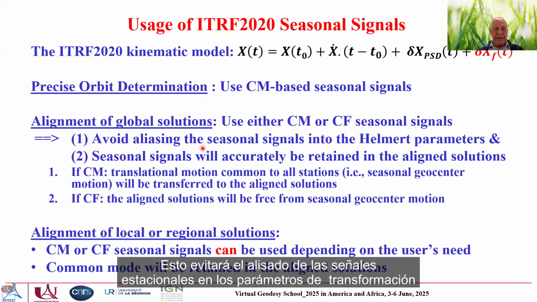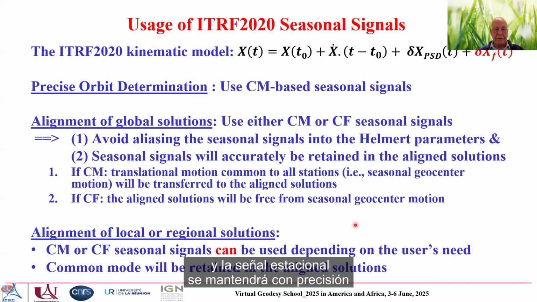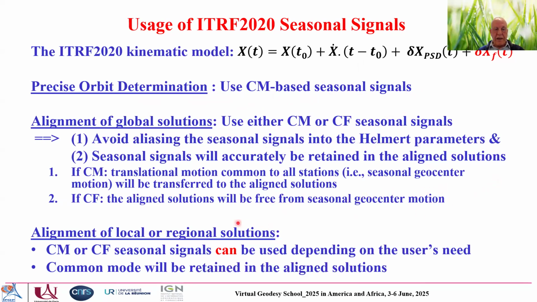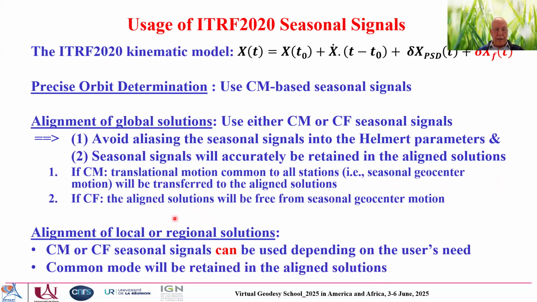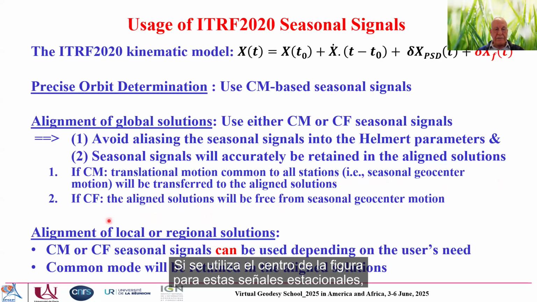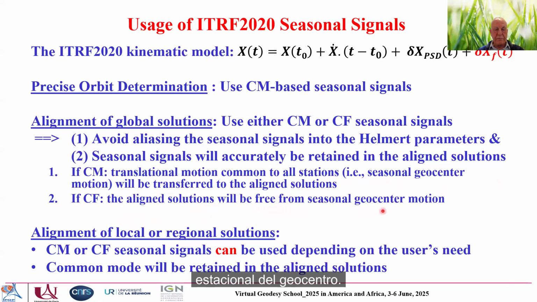That will avoid aliasing the seasonal signals into the transformation parameters, and the seasonal signal will be accurately retained in the aligned solution. If the center of mass is used, then the translational motion or the geocenter motion will be transferred to the aligned solution. And if the center of figure is used for these seasonal signals, the aligned solution will be free from seasonal geocenter motion.